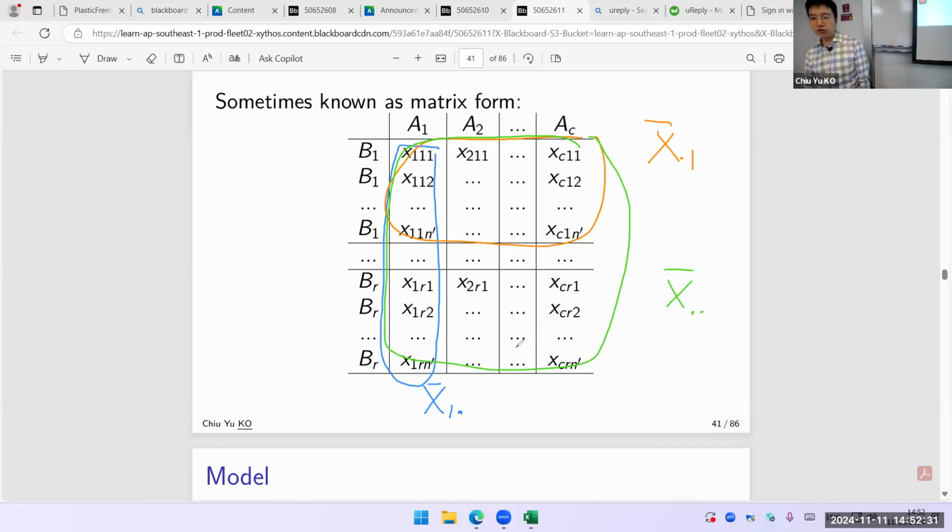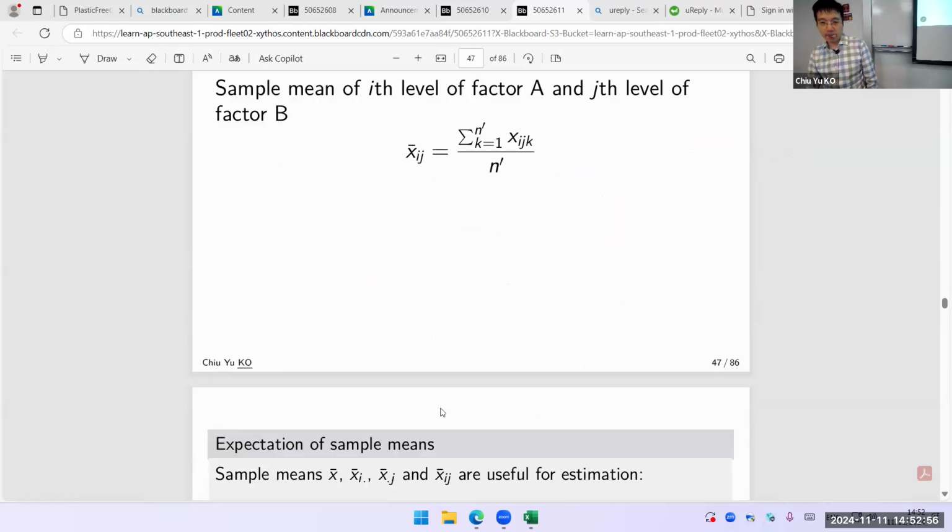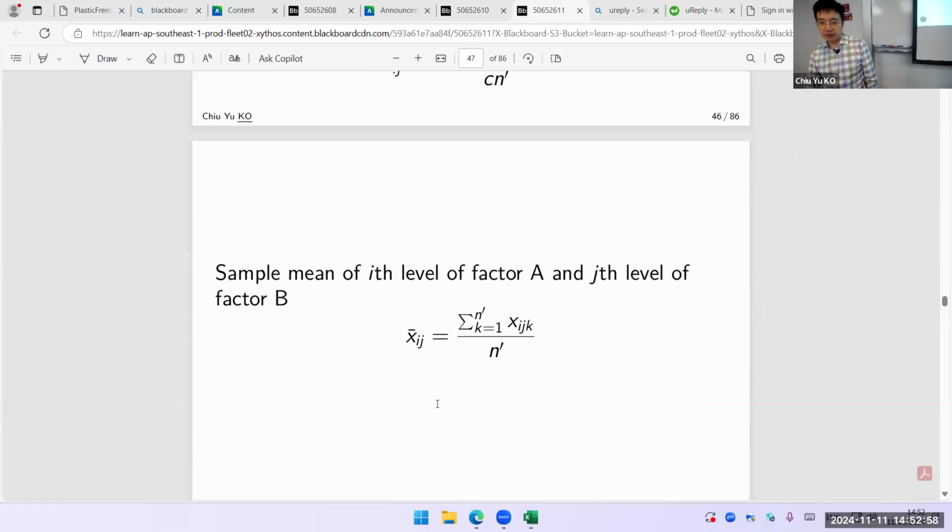And do remind you that this is to measure the mu, and this is going to measure the mu dot 1, and this is an estimate of mu 1 dot. So that is how we define those. So quickly, you have something like X bar ij.